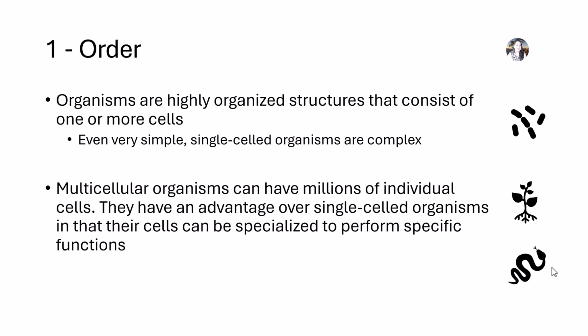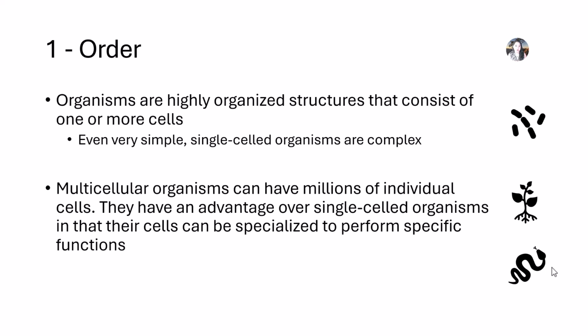Organisms are highly organized structures that consist of one or more cells. Even though bacteria are very tiny and simple, they are very complex. There's a whole subfield that studies just bacteria called microbiology. Even though they are very simple and microscopic, they are alive because they meet the rest of these characteristics, and they are very complex.